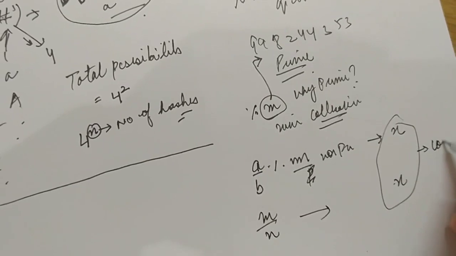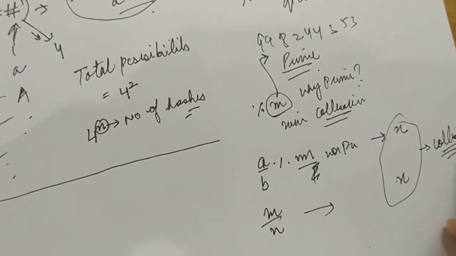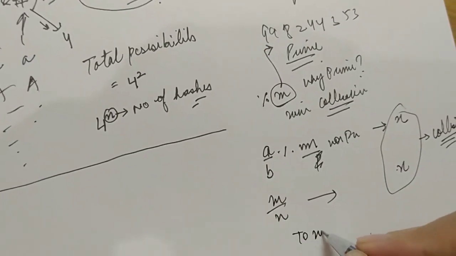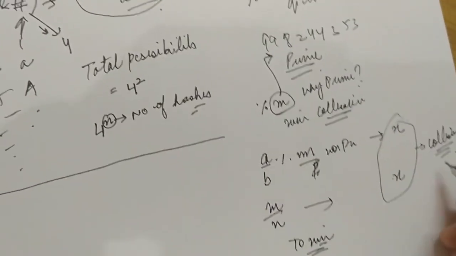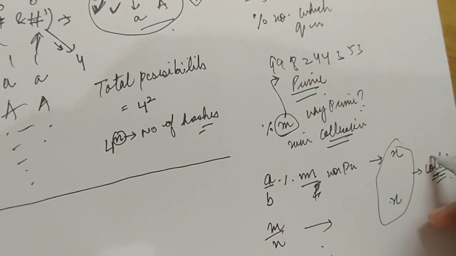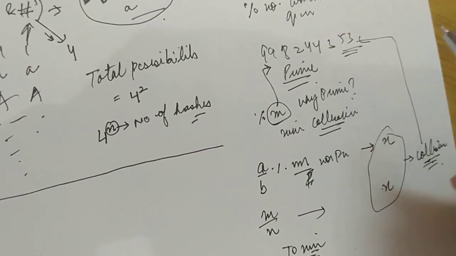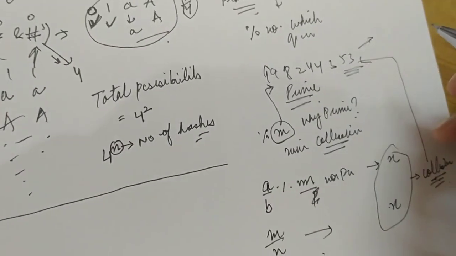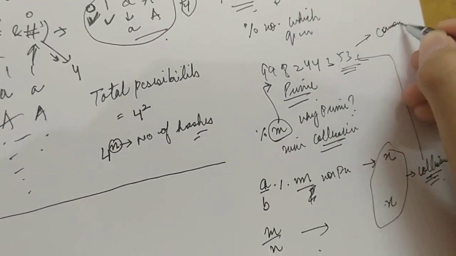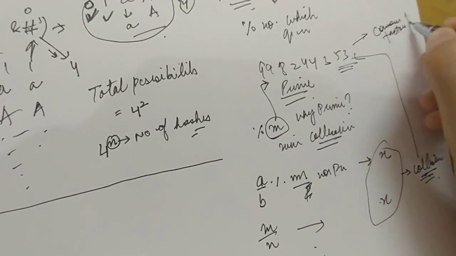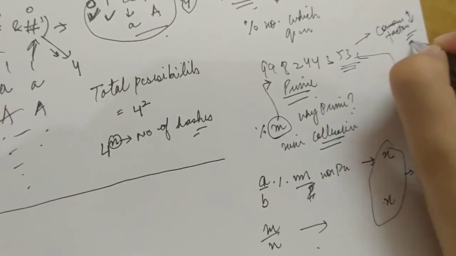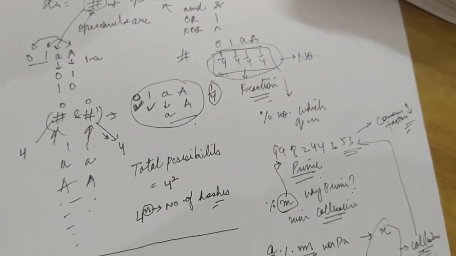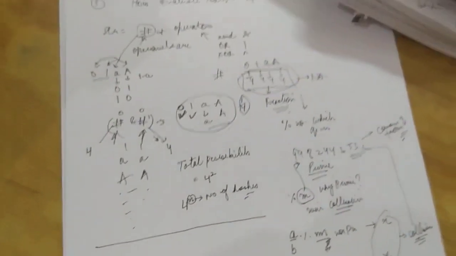This leads to collision. To minimize collision, we choose a prime number so that there is a minimum number of common factors. This is our problem statement.